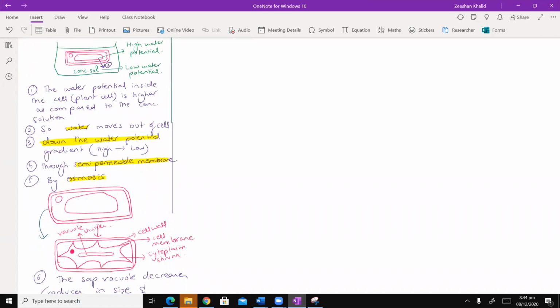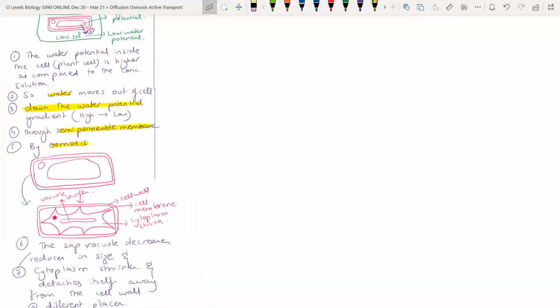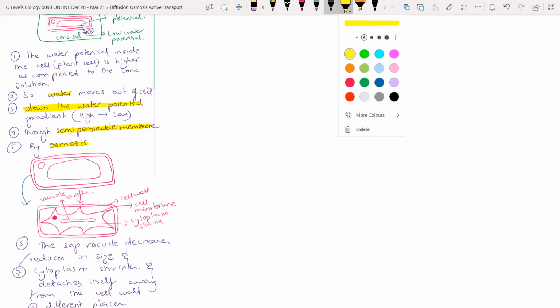I have another question. The region that I'm highlighting as yellow, what will that region now contain?